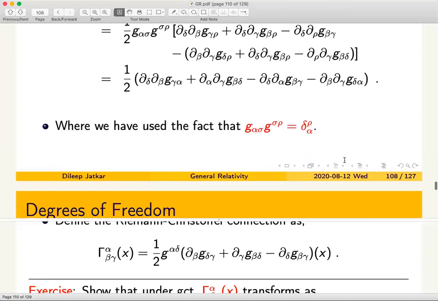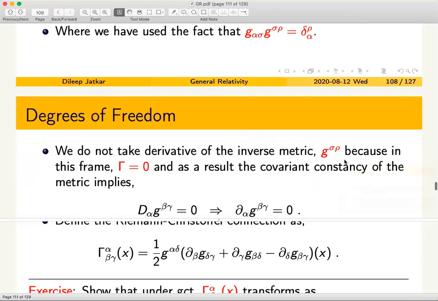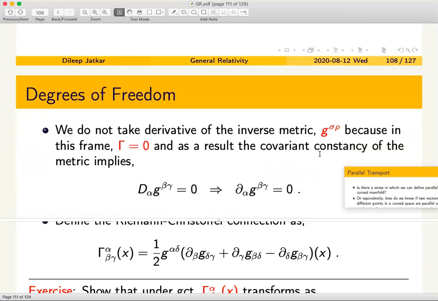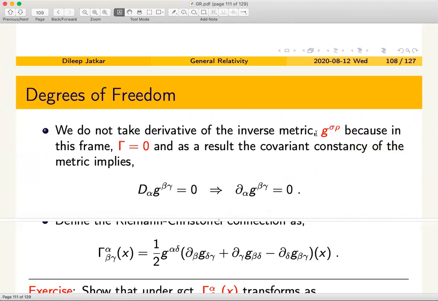This is the argument I was trying to give: we do not take the derivative of G rho sigma when we take the derivative of gamma. We just push the derivative across G inverse and act it on the bracket. The reason is that if the derivative acted on G, then in the gamma equals 0 frame, covariant constancy of the metric would tell you that the partial derivative of the metric also vanishes.